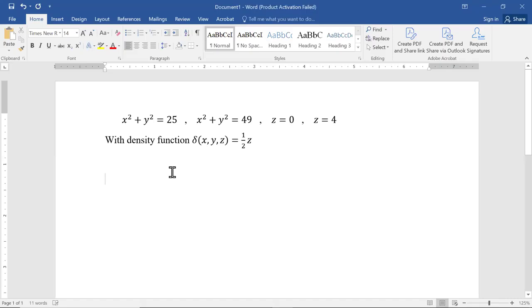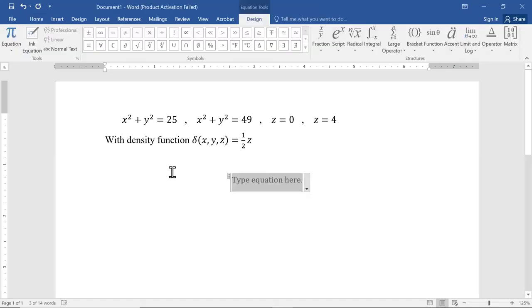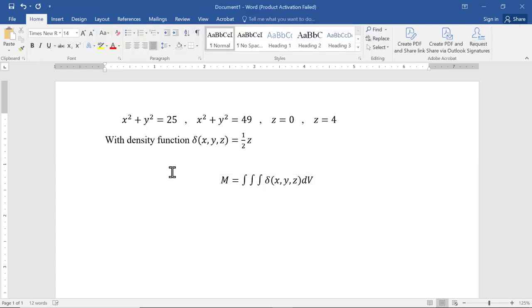Now, anytime we're finding a center of mass, remember that if you're looking to calculate the mass, we're going to do a triple integration of our density function. Usually that's denoted by delta. And the way that we looked at the density function, our density function was written in terms of x, y, and z.